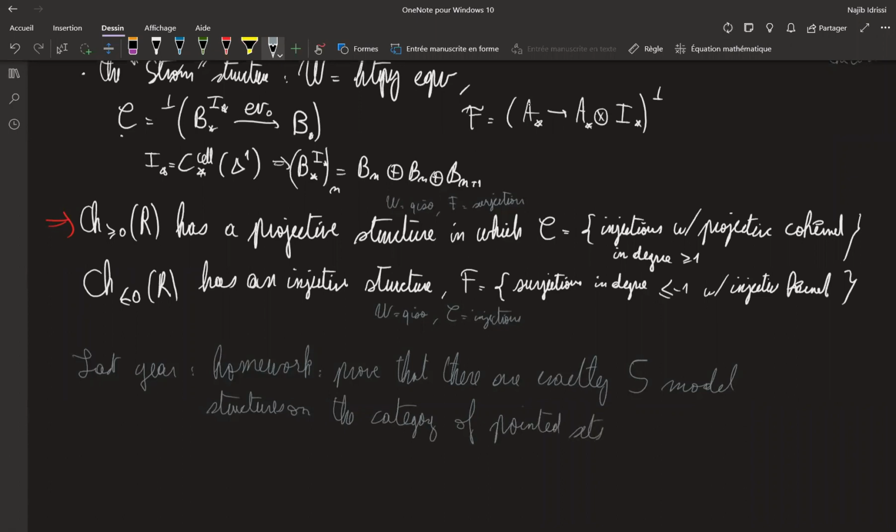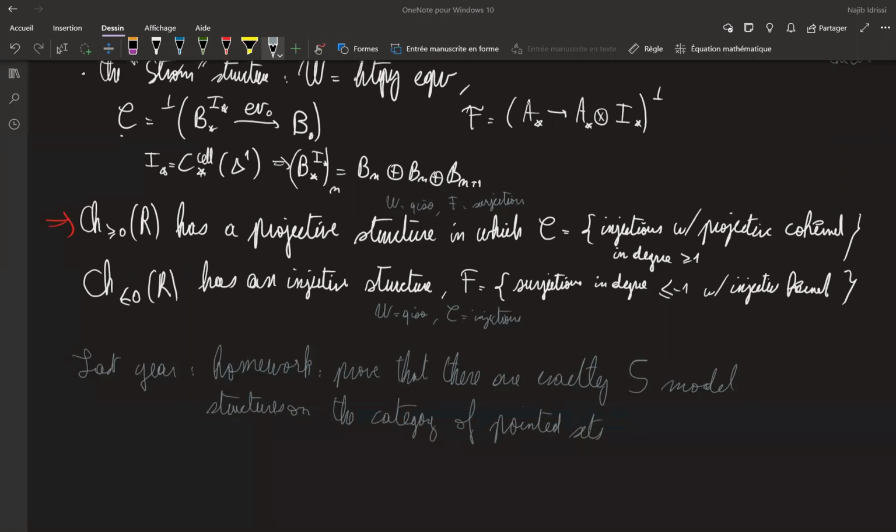I guess it's the first time you see the definition of model categories, but this is a really surprising result, because to think that you can count the model structures on a category is a bit outlandish, but it's true. In this case, at least.